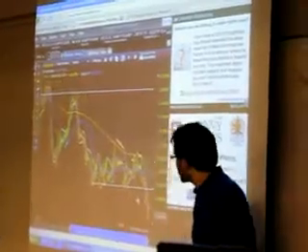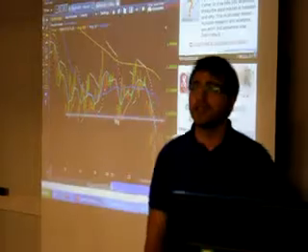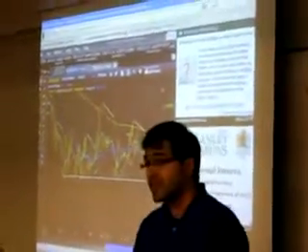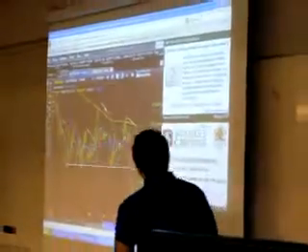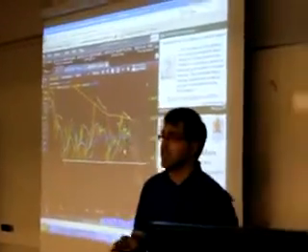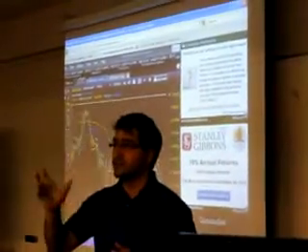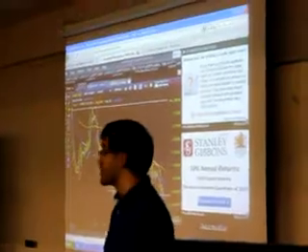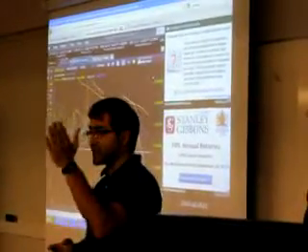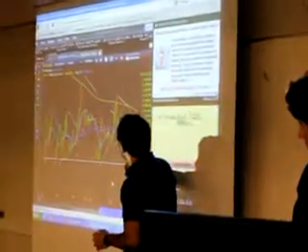So the resistance and support lines are normally honored even in fundamental movements, and you can obviously use them as your stop loss point. You could also use a parabolic SAR, which is the dots over here, but these only work on trending trades. If the market is ranging, the parabolic SAR tends to swerve in different directions, which can hurt you. So if the trade is trending and there's a nice movement downwards, you can put your stop losses exactly where these points are.